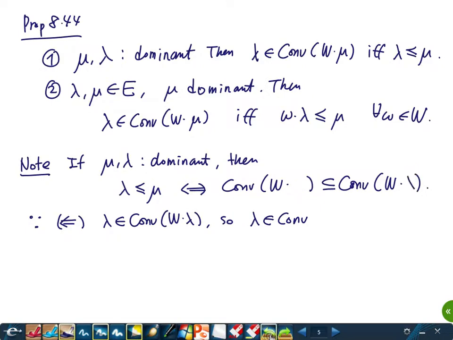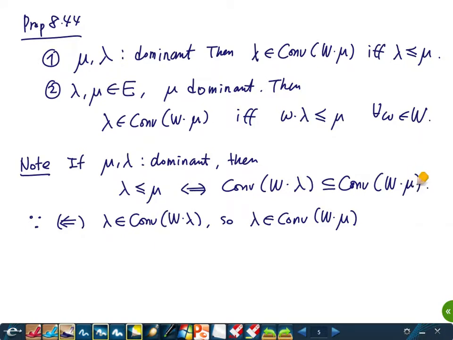Oh no, this is not correct. For me, I usually write lambda is greater than or equal to mu, but in the textbook it's written this way, so I get confused.